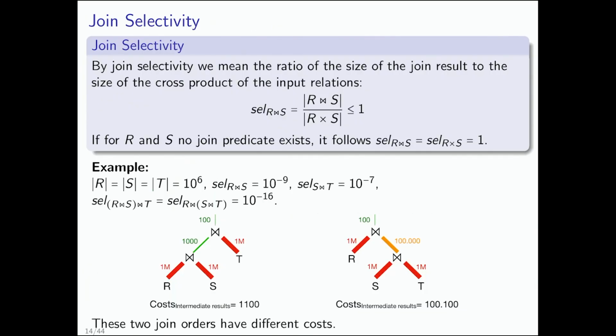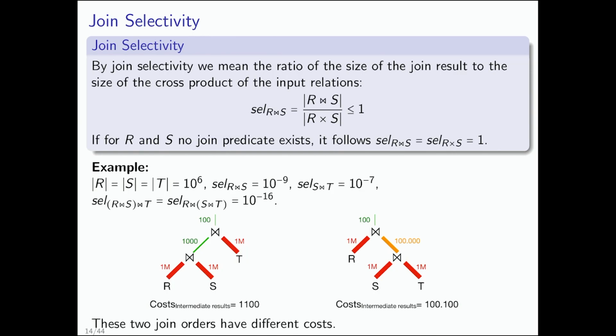Now let's look at join selectivities. That's an important term you run into when trying to make decisions on an optimal join order. We already had selectivity, if you remember, when you looked at predicates that can be expressed on a single input relation. Now we look at the selectivity of the join.